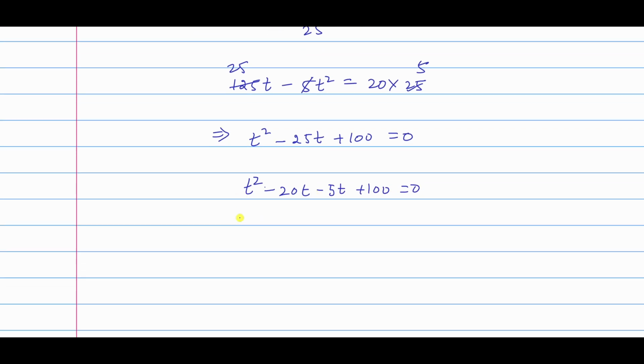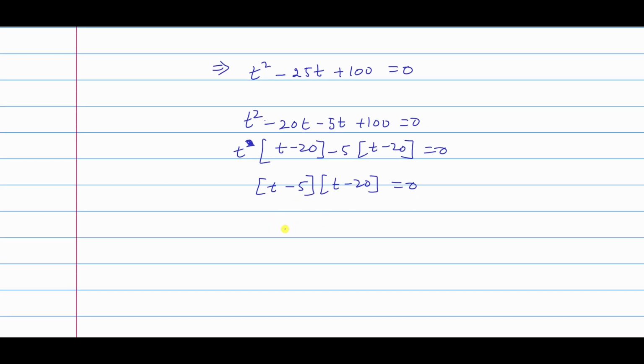We can take t common, and we are left with t minus 20, and then minus 5, which is equal to 0. So we have factorized it as t minus 5 and t minus 20 equal to 0.